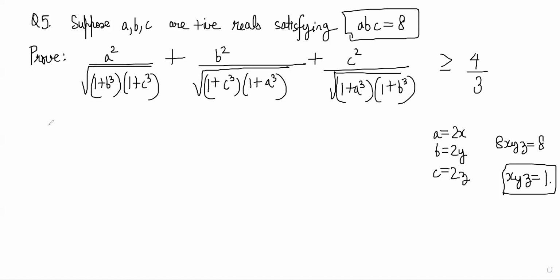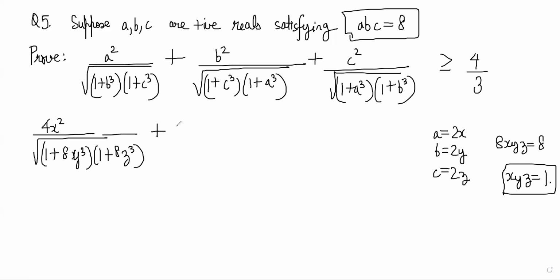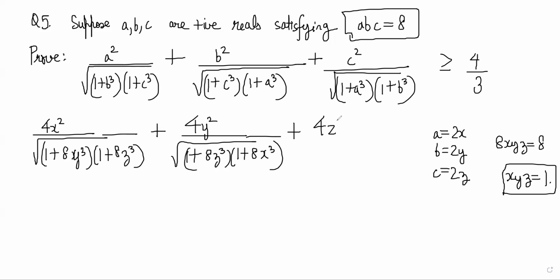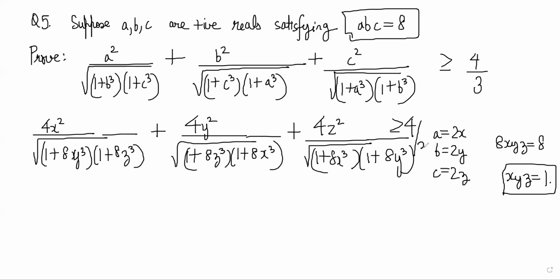We can say that this will become 4x squared by root over 1 plus 8y cube, 1 plus 8z cube plus 4y square by root over 1 plus 8z cube and 1 plus 8x cube plus 4z square by root over 1 plus 8x cube and 1 plus 8y cube is greater than equal to 4 by 3.